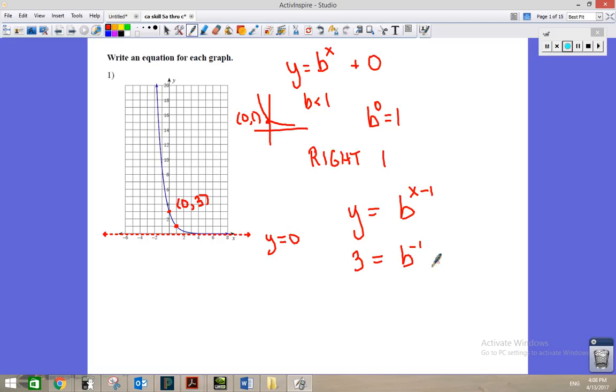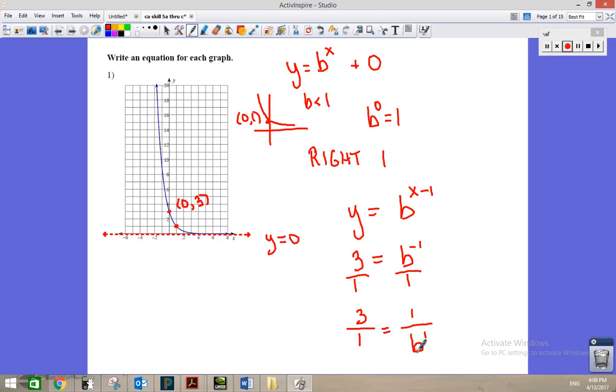Alright, now I need to solve this equation for b. When we have negative exponents, we can rewrite it as a positive exponent if the base changes location within a fraction. Currently this b is up in the numerator and it has an exponent of negative 1. If I move this b down to the denominator, I'll have to change the sign on the exponent to a positive 1.